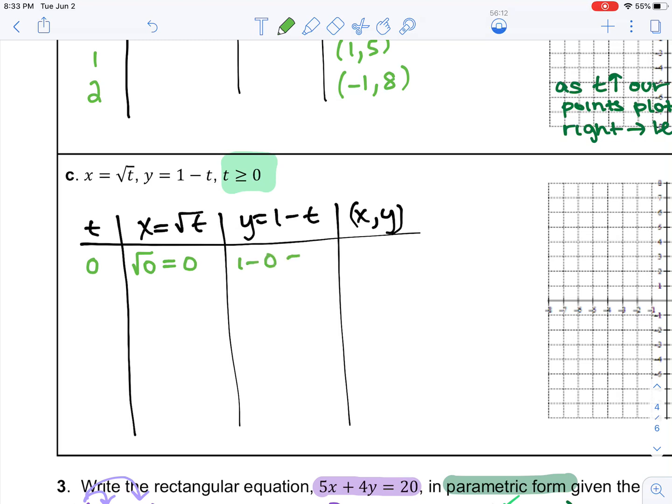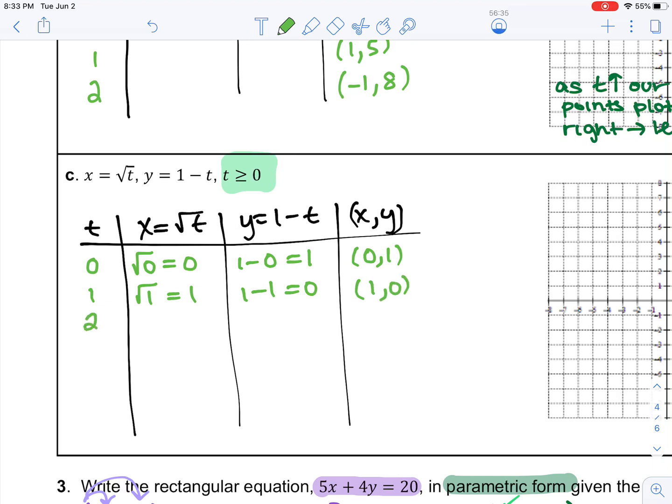Plugging in t equals 0 here gives us 1. And that gives the point 0, 1. Okay? The next t value I could try is 1. We'll do square root of 1 is equal to 1. And then 1 minus 1 gives us 0, which gives us the point 1, 0.